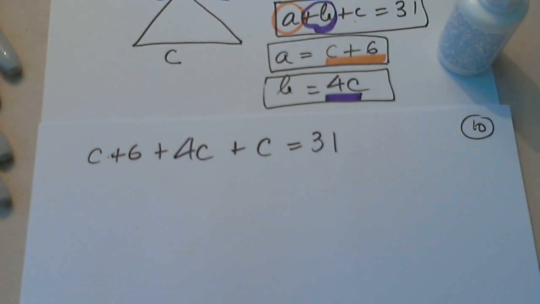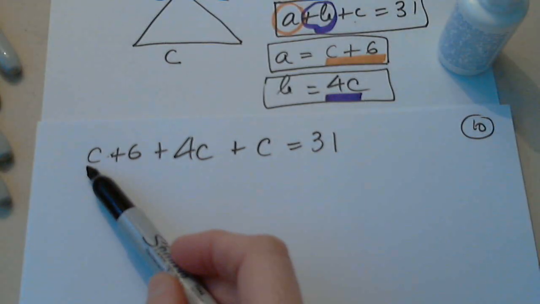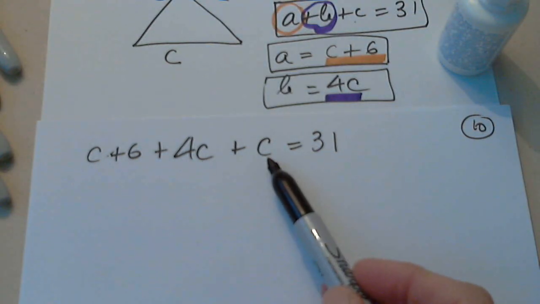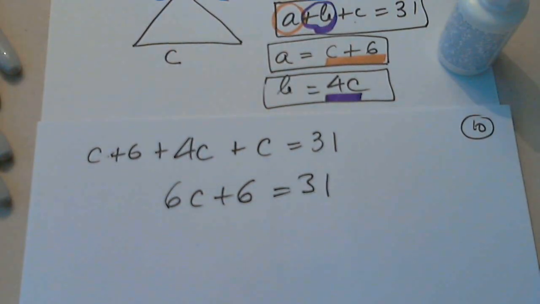How will I determine C? What do I need to do first? Combine like terms. Perfect. Simplify both sides to the fullest. Excellent. So let's simplify the left-hand side. We have C plus 4C plus 1C, indeed 6C plus 6 equals 31.